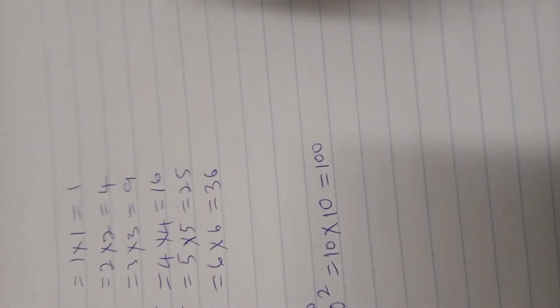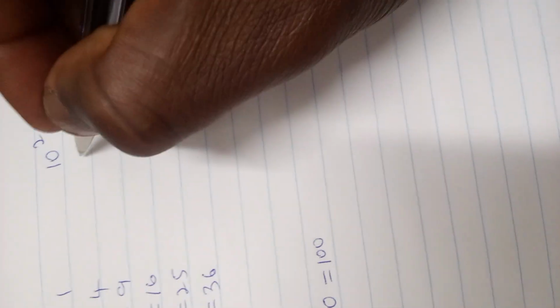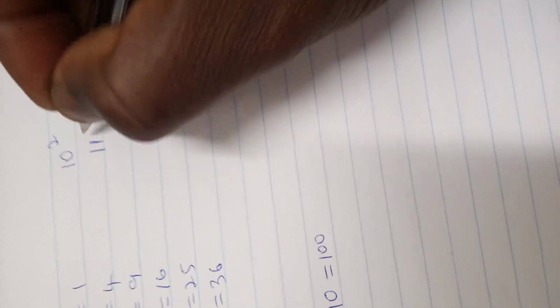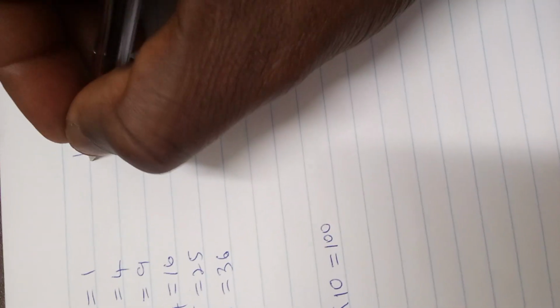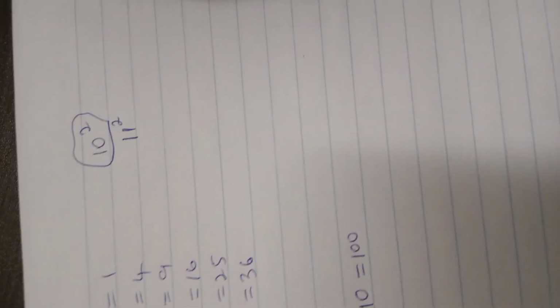For instance, just a small example of that formula. Let's talk about 2 digits. 10 squared, we all know. Okay, let's go to 11 squared. Now we're talking of 2 digits here. How does this formula of mine work on those 2 digits?